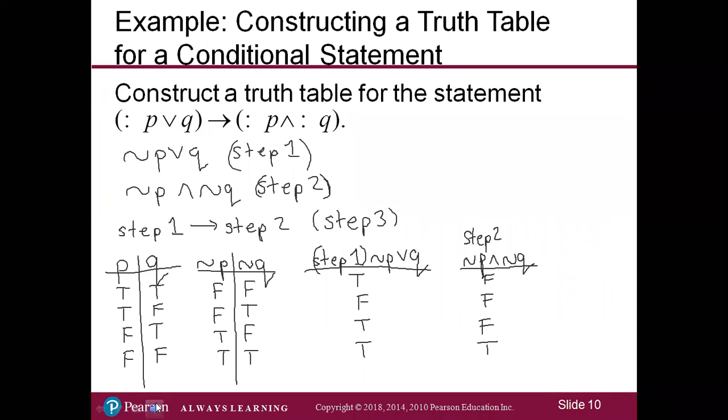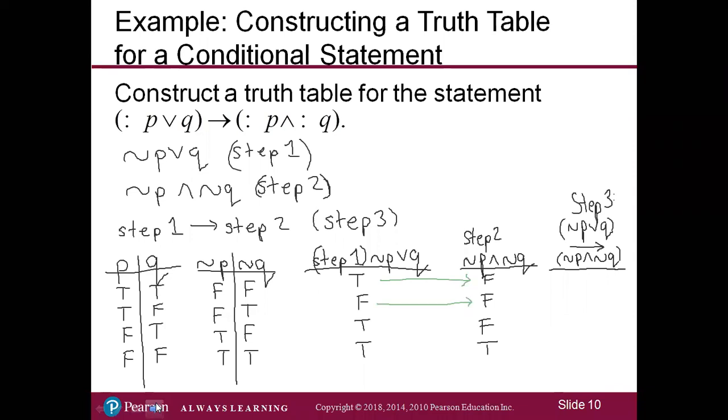Okay, go with step 3 is not P or Q implies not P and not Q, result to follow.